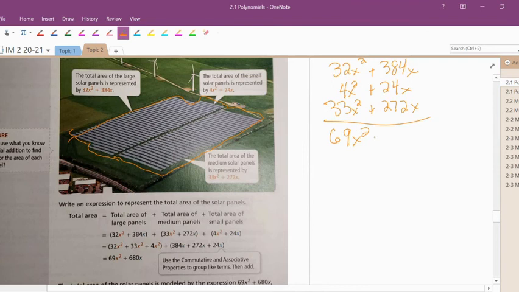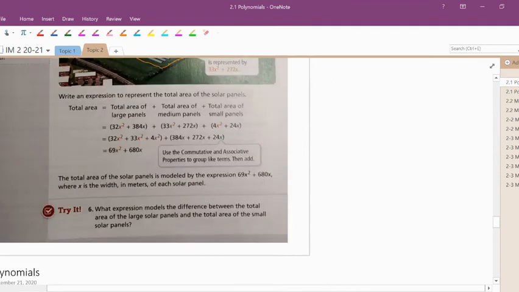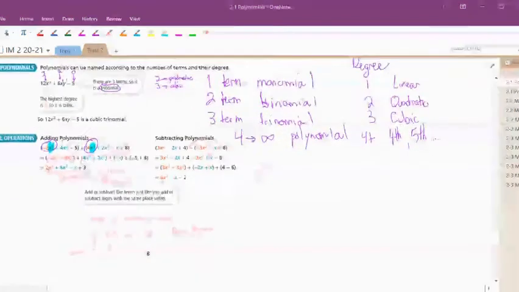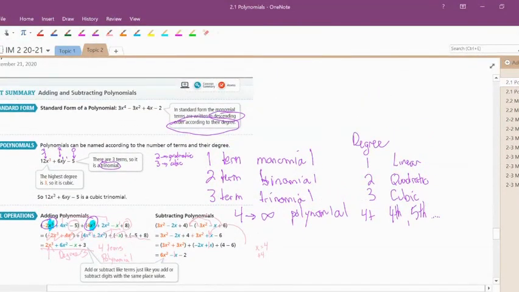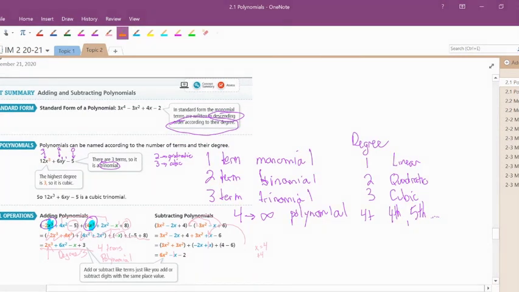The total area of the solar panels is modeled by the expression 69x squared plus 680x, just like we saw. And then this is what we actually did in class, a very short form of what we just looked at. So standard form, again, is in descending order according to degree. So 4, 2, 1, 0.